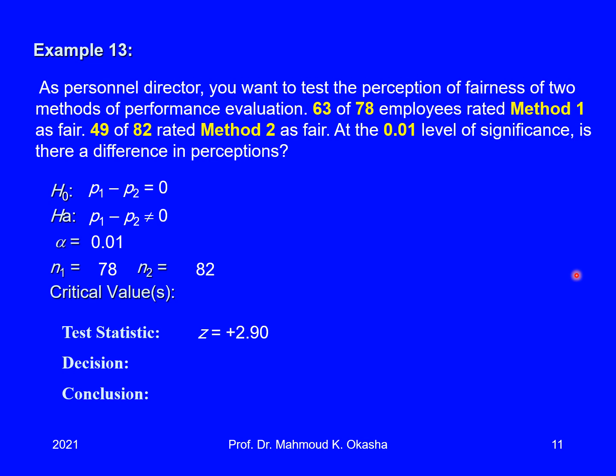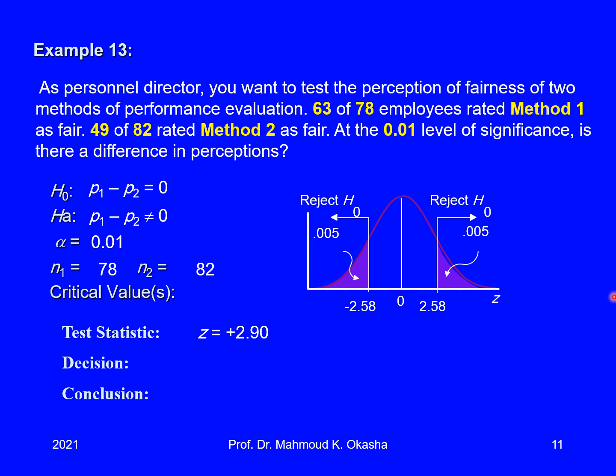And we have n1, the first sample size, equal to 78, and the second sample size n2 equal to 82. According to the normal distribution table with a 1% significance level and a two-tailed test, we divide 1% by 2 and get 0.005 on each side.